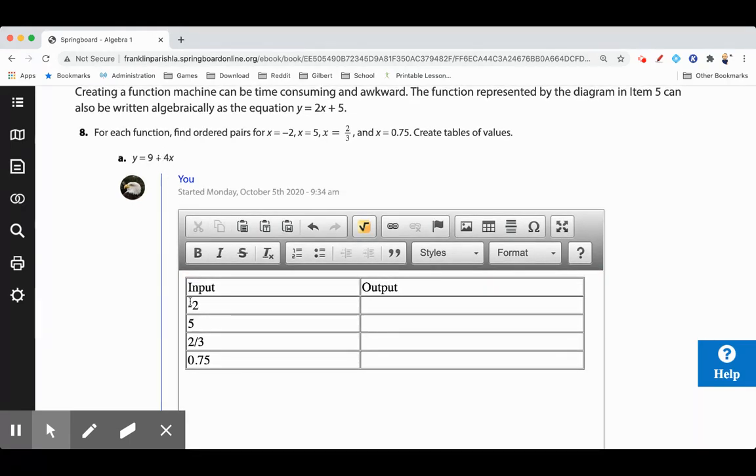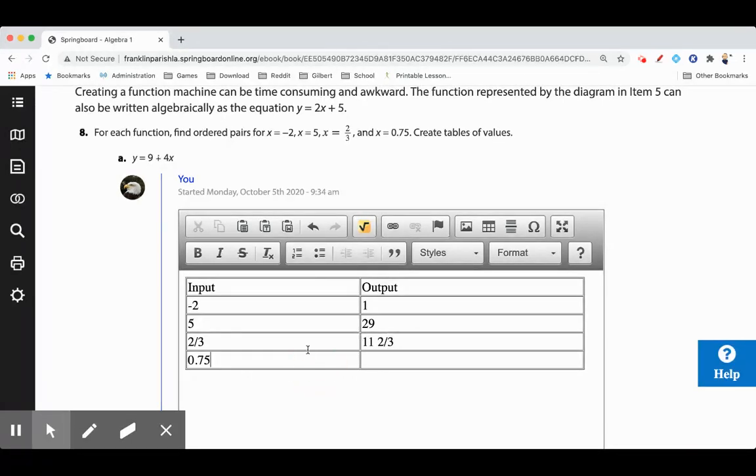All right. 4 times -2 is -8. 9 plus -8 is 1. 4 times 5 is 20. Plus 9 is 29. 4 times 2/3, well, that's 8/3, which is 2 2/3. Plus 9, well, 2 2/3 plus 9 is 11 2/3.